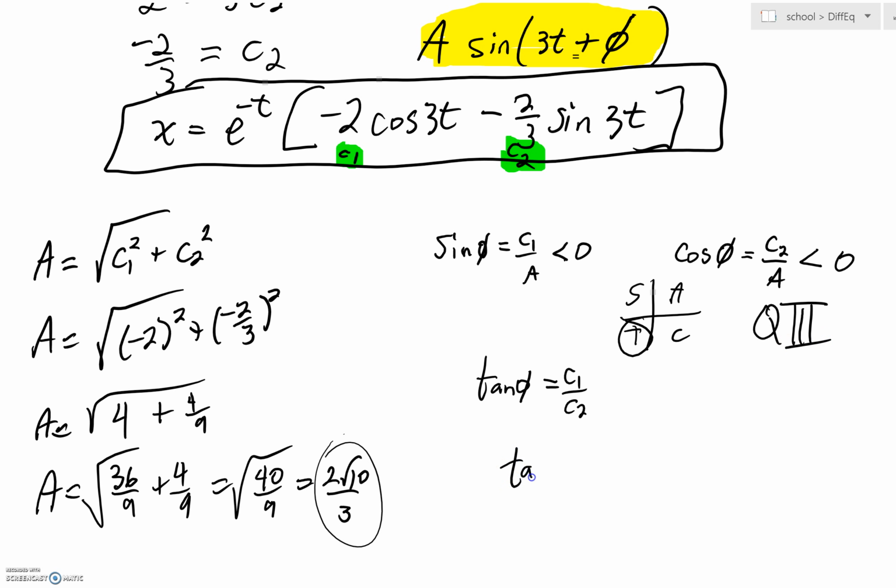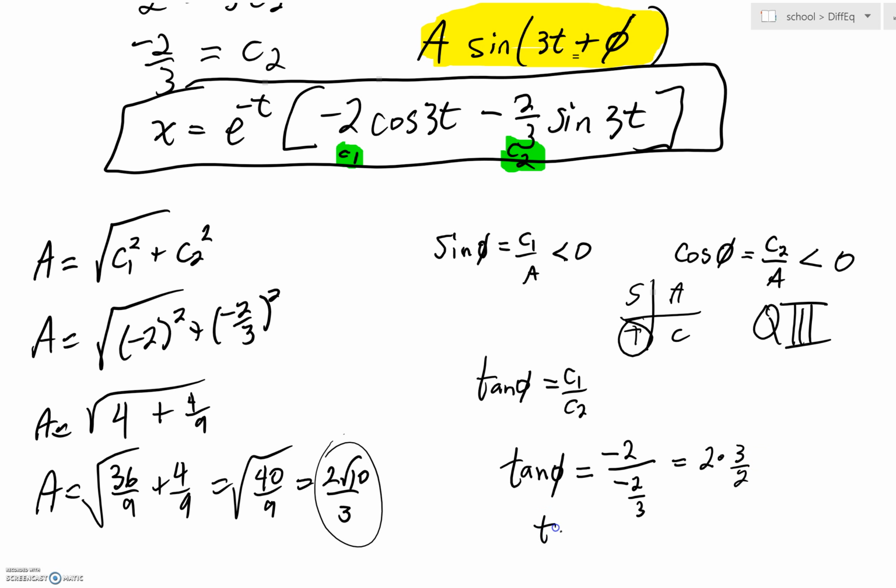Now, if we're looking for phi, we could use any of those three trig functions to find them. But perhaps it would be good to just take our c1 divided by c2, -2 divided by -2/3. Well, the negatives cancel, and you have 2 times 3 halves.